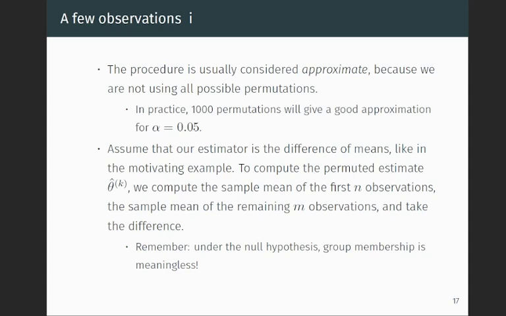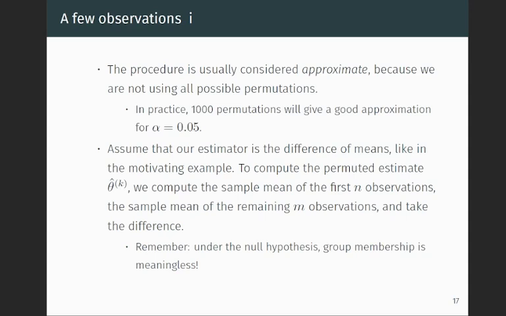If you were to use all permutations, then you would get an exact permutation p-value. But in practice, what we do is we simulate about 1,000 permutations, which will give us a good approximation for alpha equals 0.05. If your alpha is much lower than this, so let's say alpha is 10 to the negative 5, you would want to increase the number of permutations. So that's the first observation.